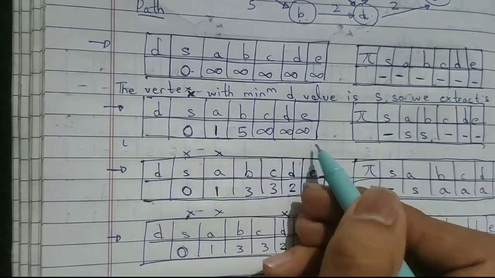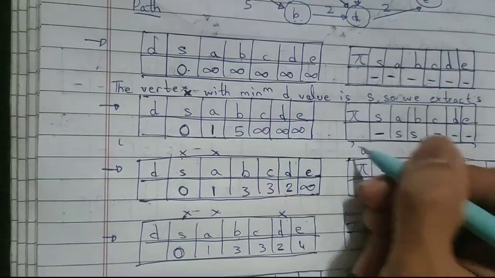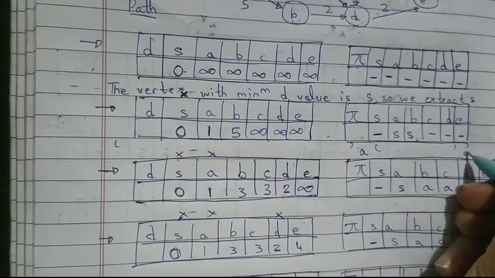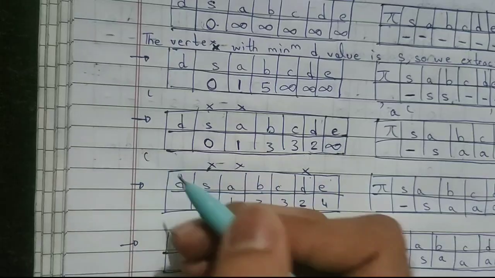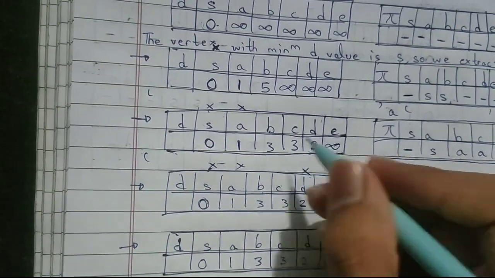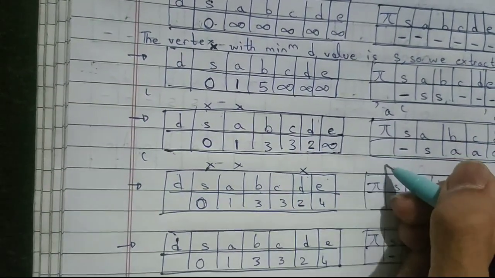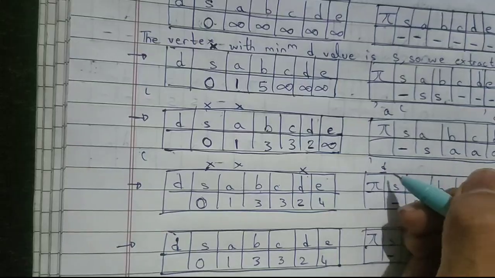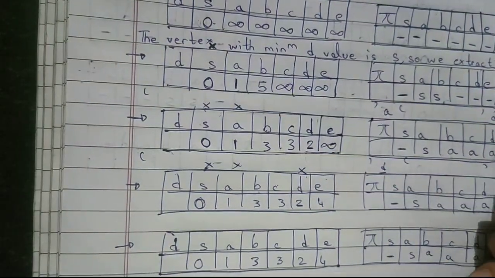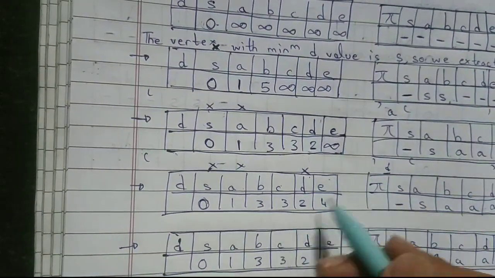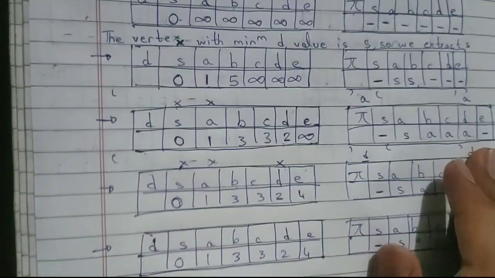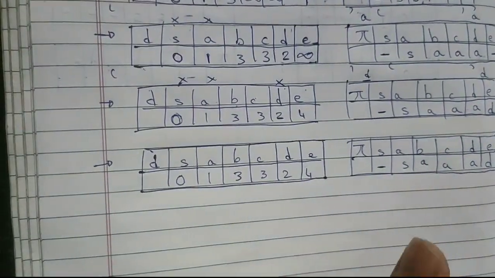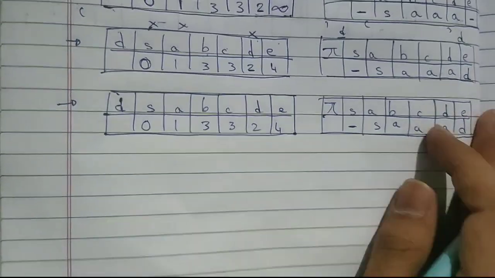So for that, S. Then similarly for each step we can write this statement, okay? The vertex with minimum D value is, in the second step we took A, no? Yeah, we took A. So the vertex with minimum D value is A. So we extract A. Similarly for the next one, the vertex with minimum D value is, in this case it was D, no? So the minimum D value is D itself, D vertex.